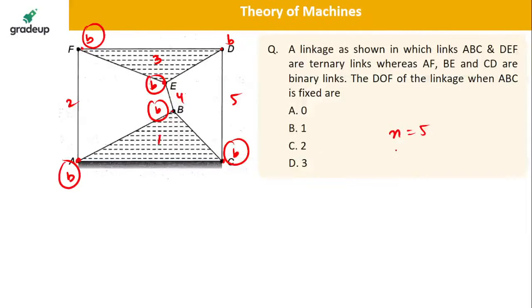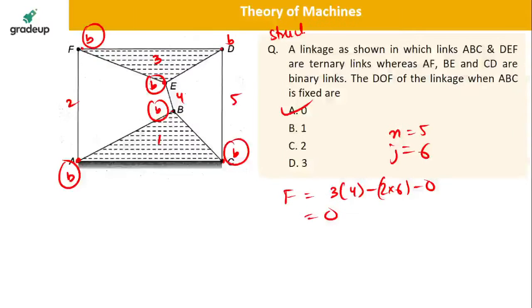Very good, Silambu. So J is equal to 1, 2, 3, 4, 5, 6. So 3 into 4 minus 2 into 6 minus 0, that is equal to 0. This is nothing but a structure. Absolutely correct. Option A is the correct answer.